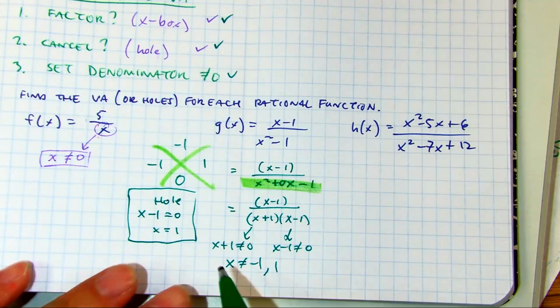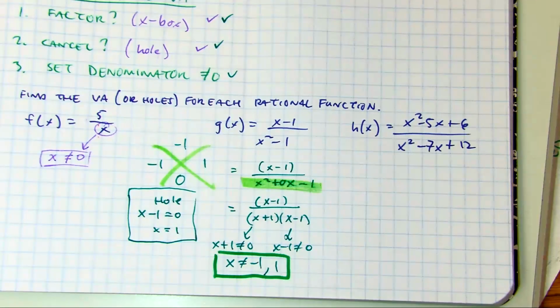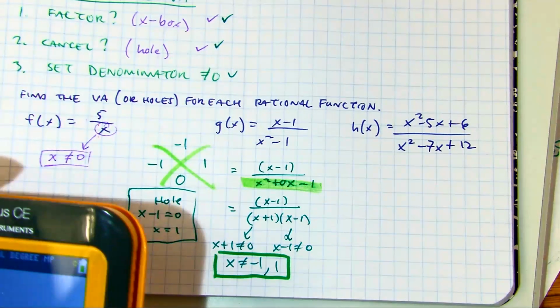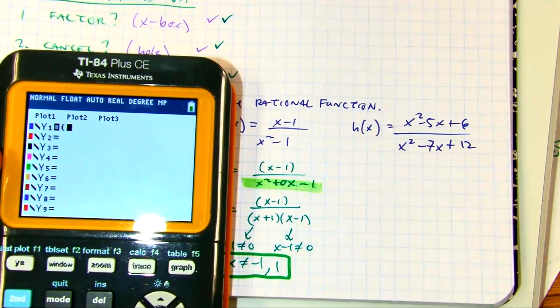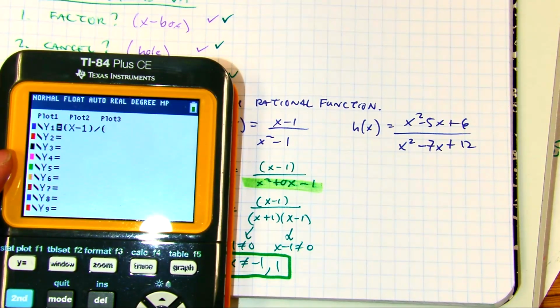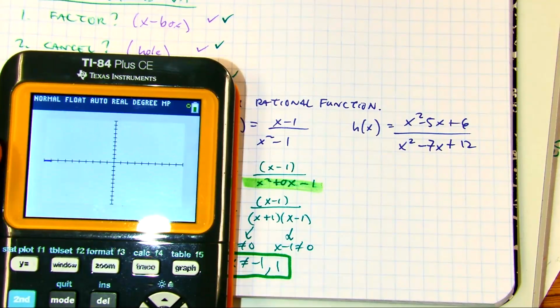Let's punch into our calculator to give ourselves a visual. We're always trying to connect how everything's kind of connected together. Parentheses, x, subtract away 1 divided by x squared minus 1.